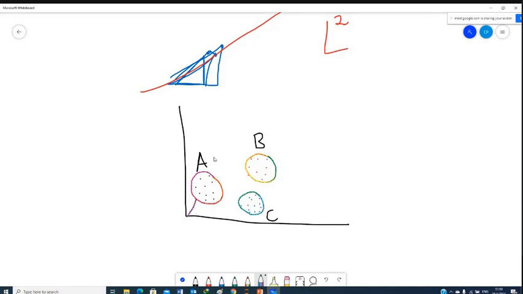So in this instance, I can do something like this. A line which separates the three classes. Therefore, this decision boundary becomes my line that I can use to separate A, B, and C.